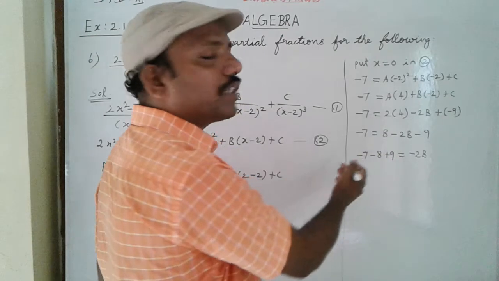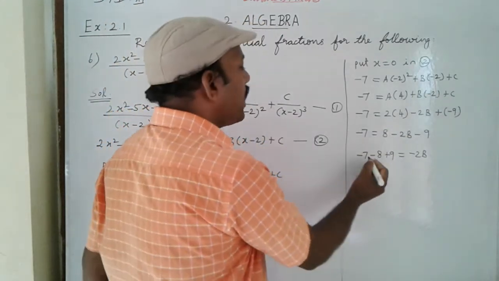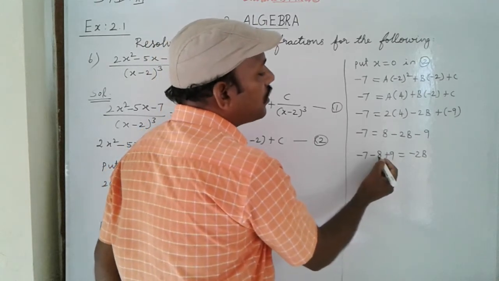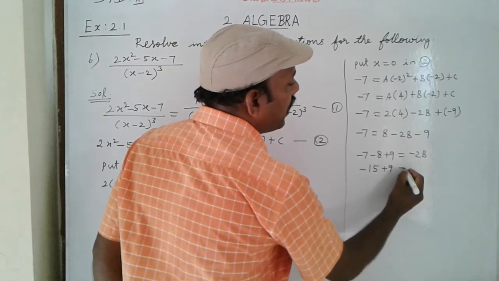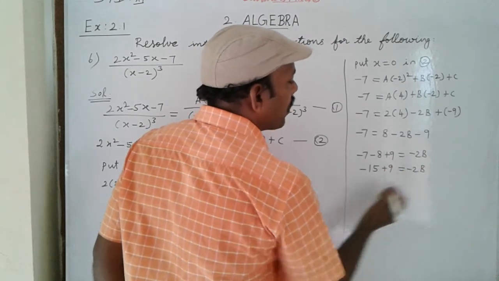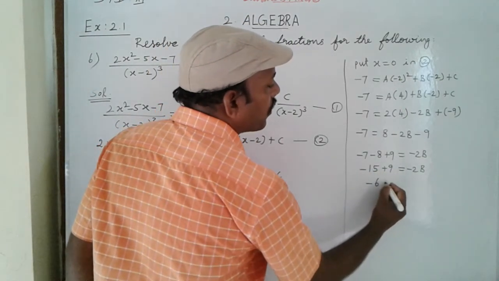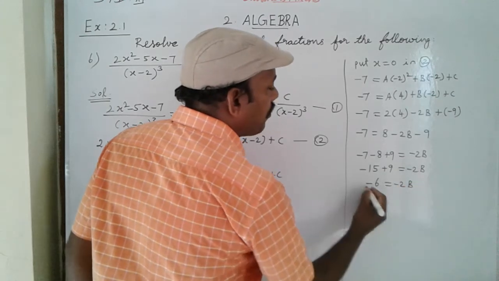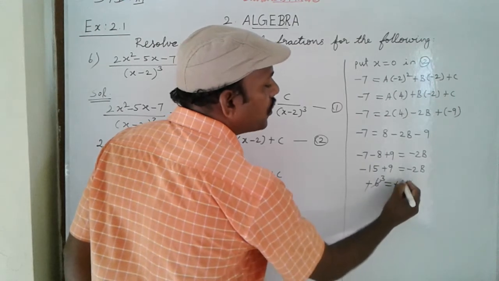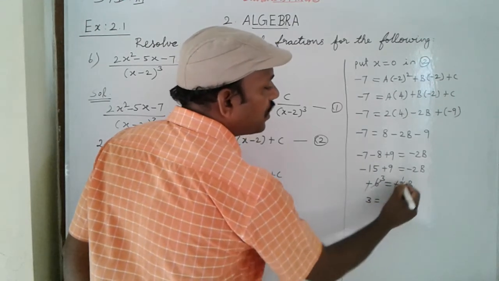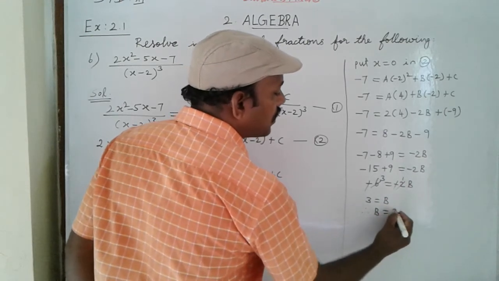Minus 7 minus 8 is minus 15, plus 9, equal to minus 2B. Minus 15 plus 9 is minus 6 equal to minus 2B. Minus minus cancel. 3 twos are 6, so 3 equal to 1 into B, B. Therefore the B value is 3.